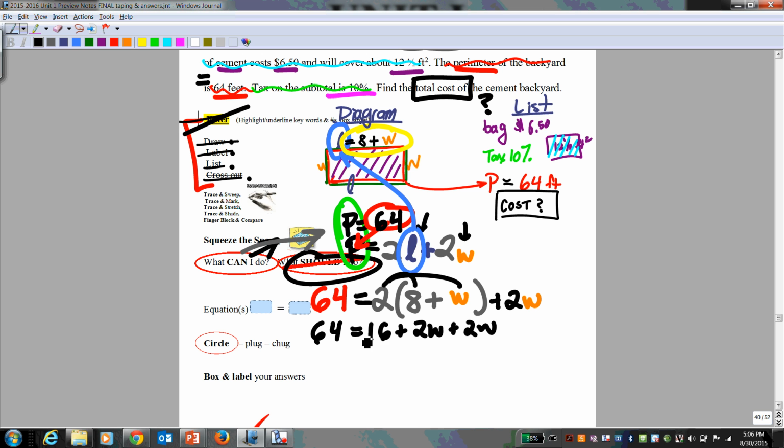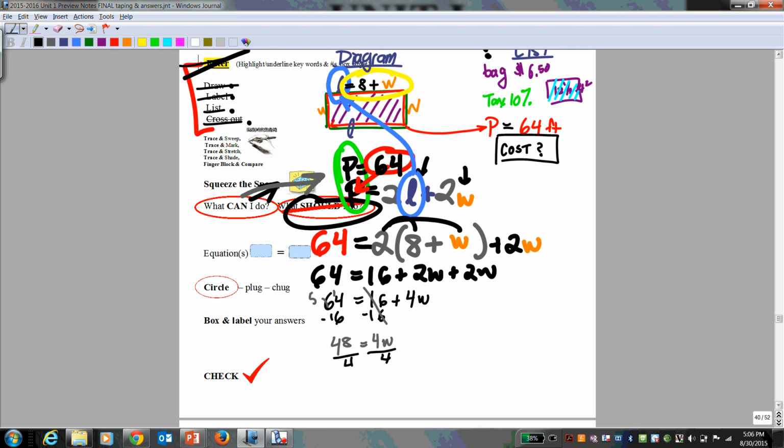You can kind of do your own math here. All right. So we solved for a variable W.